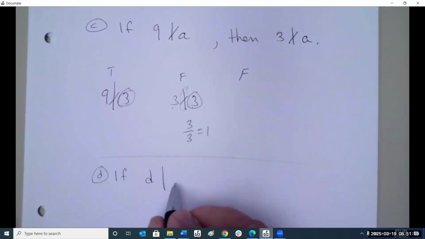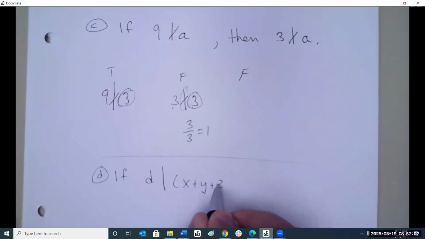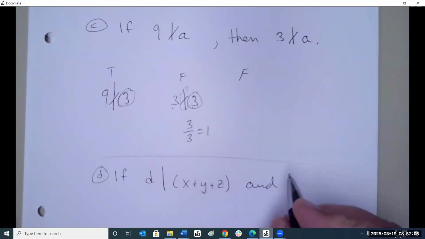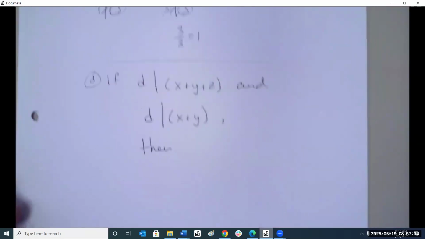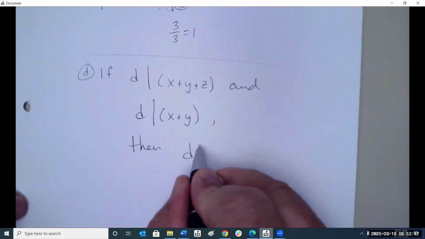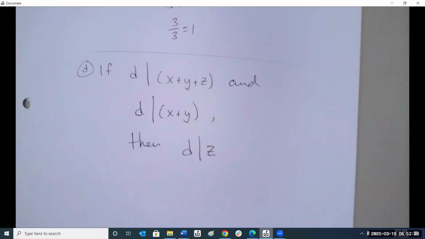If D is a divisor of X plus Y plus Z, and D is a divisor of X plus Y, then what do you think about this one?